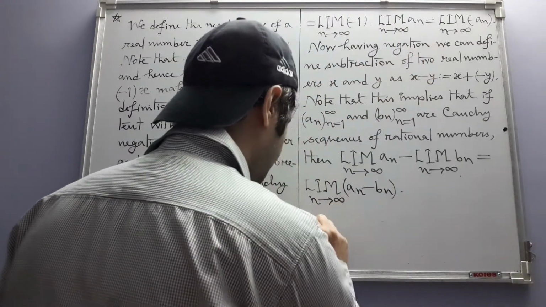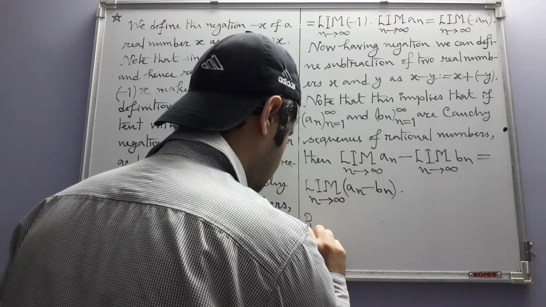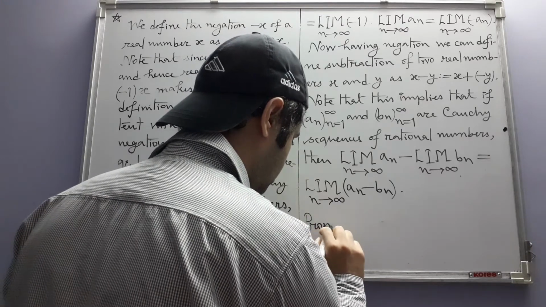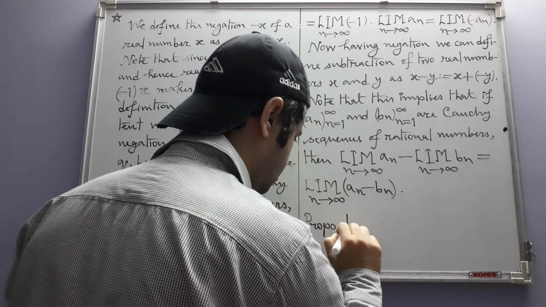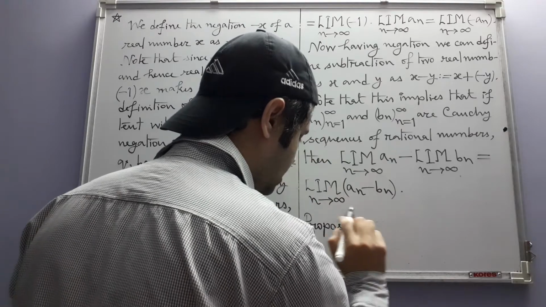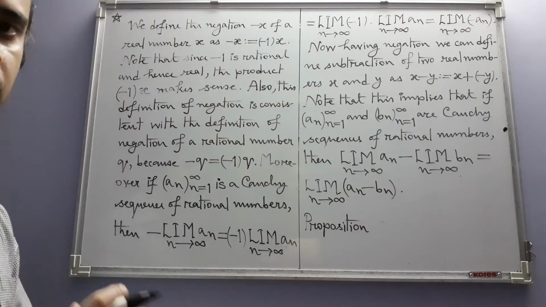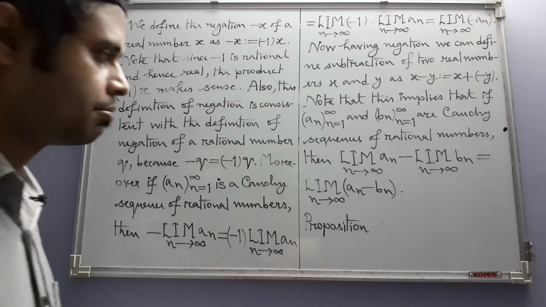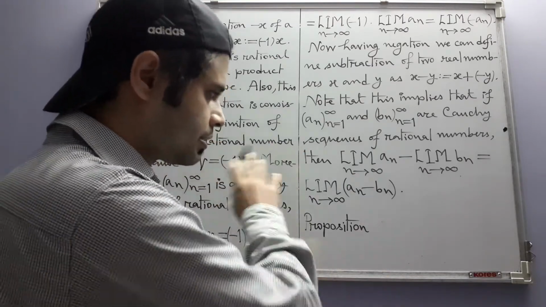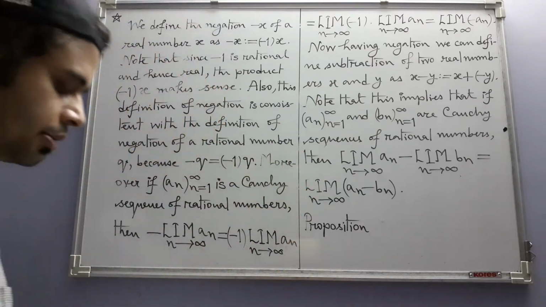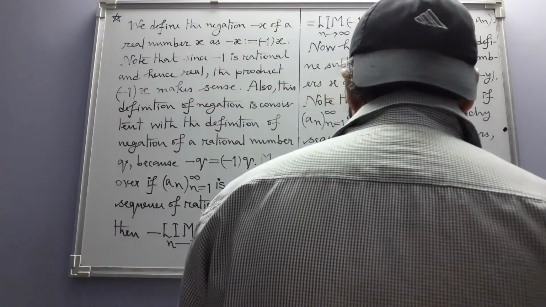Okay, now we come to a proposition which summarizes the algebraic properties of the system of real numbers, along with this, that is the set of real numbers with these operations. All the laws of algebra.